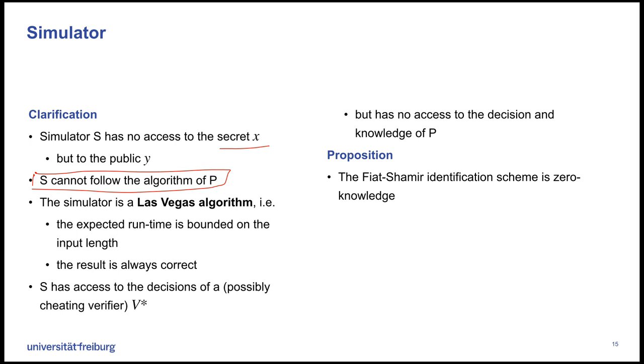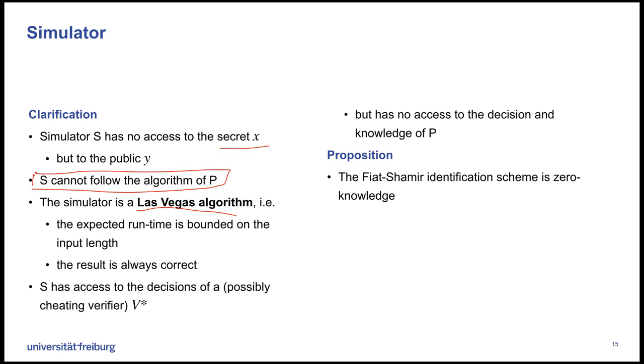If you look at this type of algorithm, we have a Las Vegas algorithm. Who has heard of a Las Vegas algorithm before? There are two kinds of probabilistic algorithms which are efficient. One is called Las Vegas, and the other is called Monte Carlo.